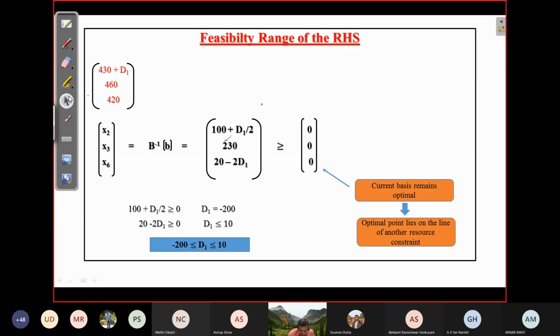And we know that the unit worth of a resource, which is the shadow price or the dual price, that is the value of the dual variable associated with the particular resource, is valid only within the feasibility range. So we have computed that D1 is between -200 and 10.